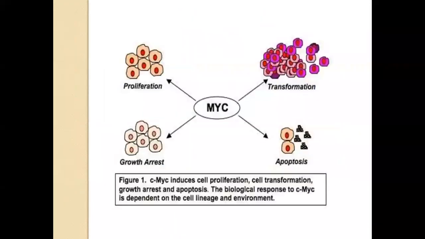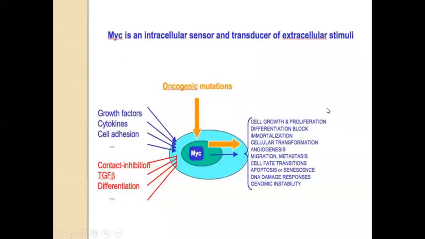Okay. So here there is an increased proliferation. MYC induces cell proliferation, cell transformation, and growth arrest. Then it will lead to apoptosis. The biological response to c-MYC is dependent on the cell lineage and environment. MYC is an intracellular sensor and transducer of the extracellular stimuli.